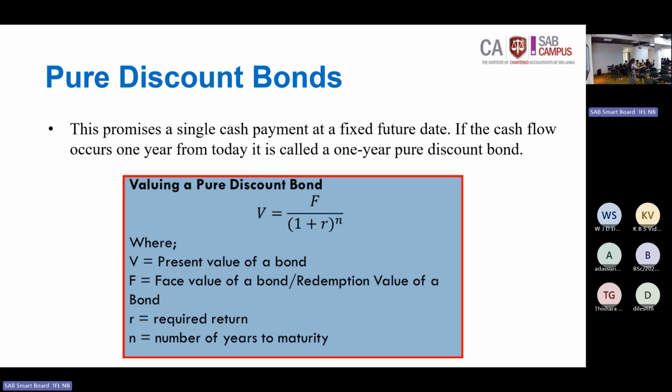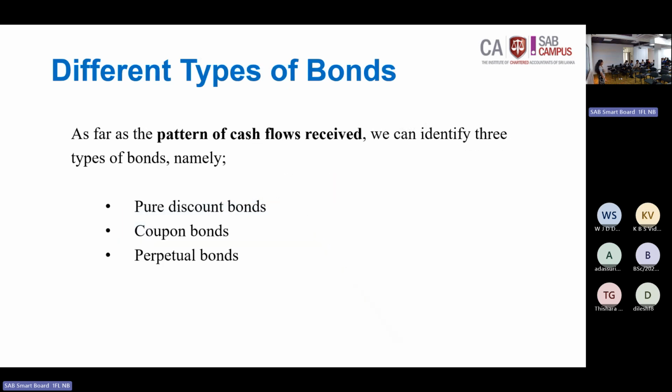They are only having one maturity price. So therefore, value of the bond equals present value of the maturity price, or the face value. Maturity price is normally equal to the face value. So therefore, value equals face value divided by 1 plus R to the power n.